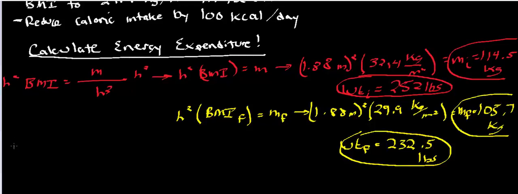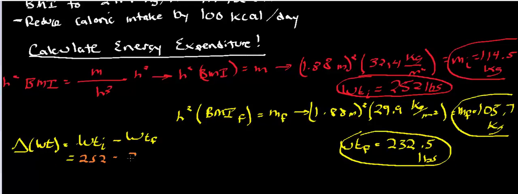Okay, so the weight loss, change in weight, is going to be the initial weight minus the final weight. What's that going to be? Well, the initial weight was 252 pounds.